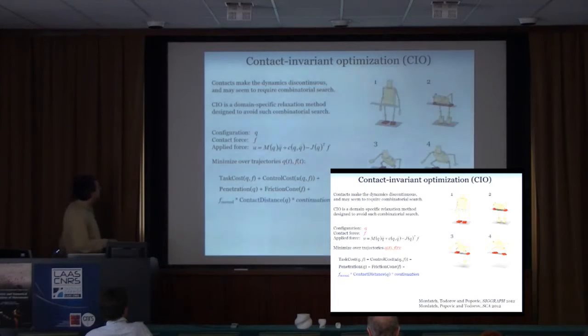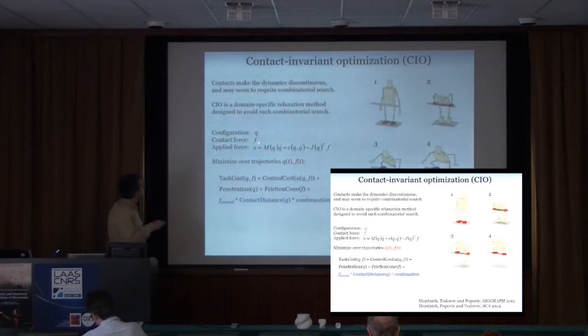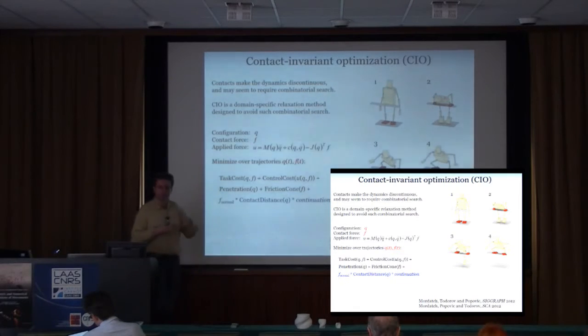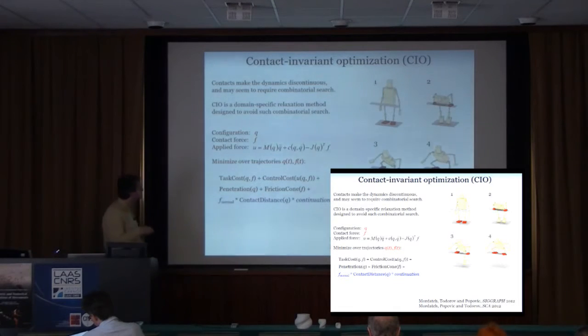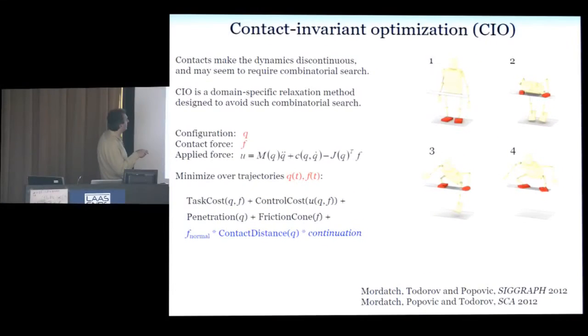So technically, the way to do it is this. We relax the problem a little bit. We allow the optimizer to search for a sequence of body configurations Q over time, which will be called the trajectory, and the sequence of contact forces. So we allow it to explicitly plan contact forces. If we're given those two, we can do what's known as inverse dynamics. So this is mass times inertia. These are Coriolis, centripetal, and gravitational forces.